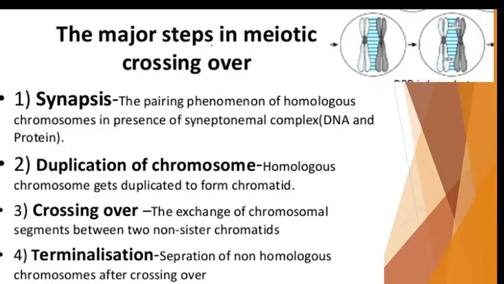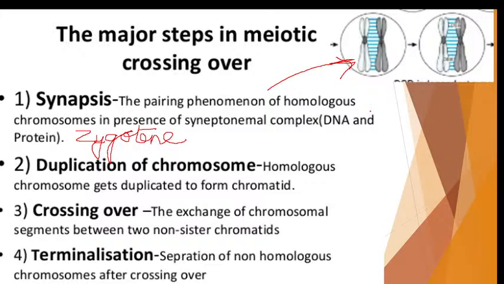During the zygotene stage of meiosis, the homologous chromosomes will align side by side. This is what is happening during the zygotene stage, and this pairing is called synapsis.